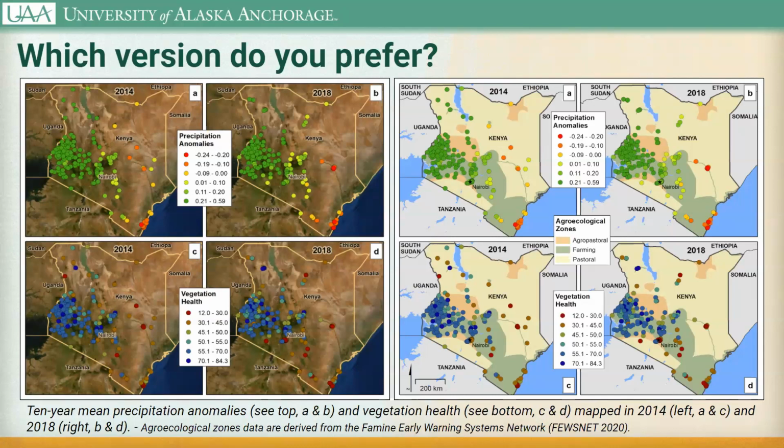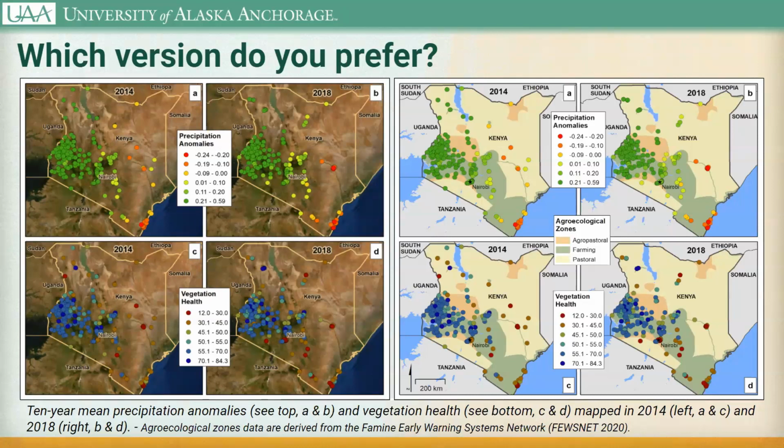But I could also see how topography would influence your vegetation and your precipitation, especially in a region like Anchorage, where our storms are very much influenced by being on the lee side of the mountains. So how does the usage of the agroecological zones on the right influence interpretation of the data?